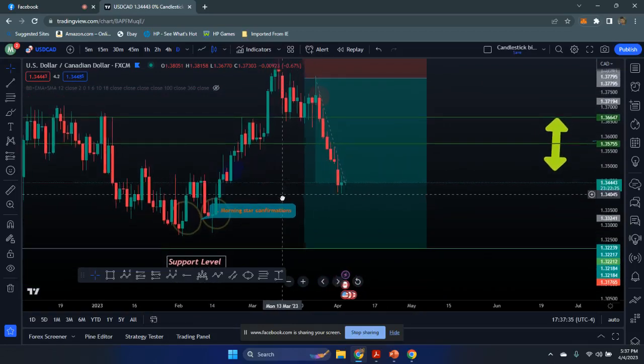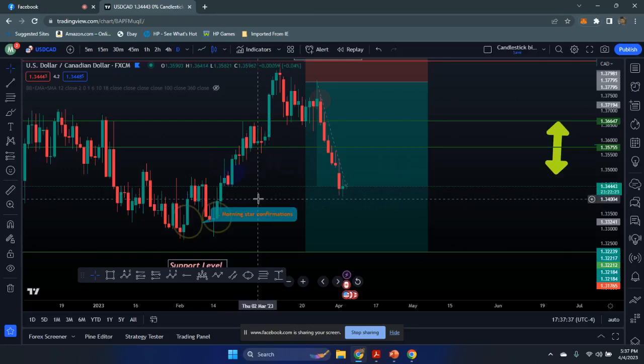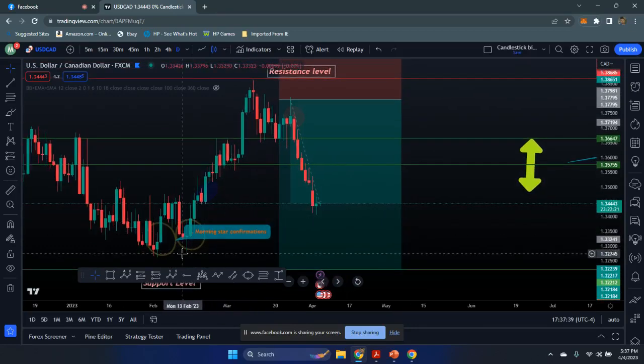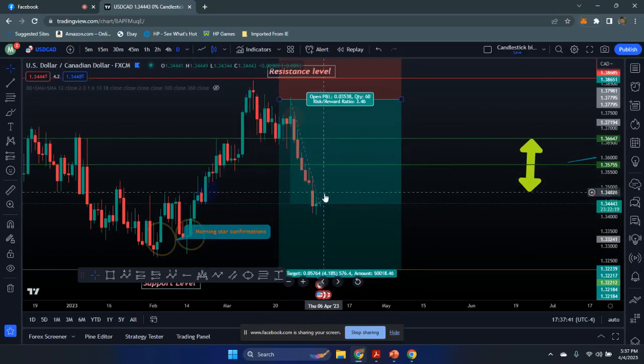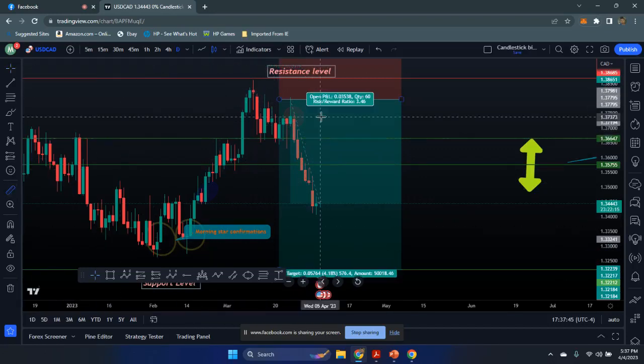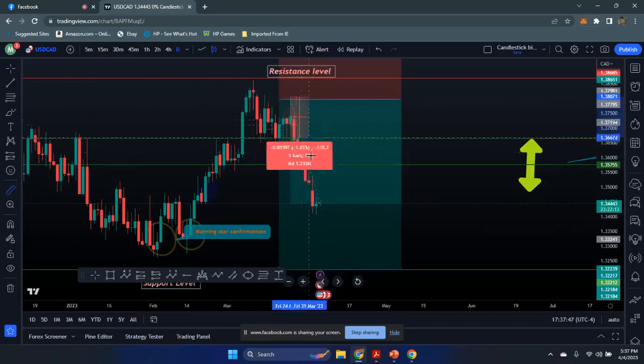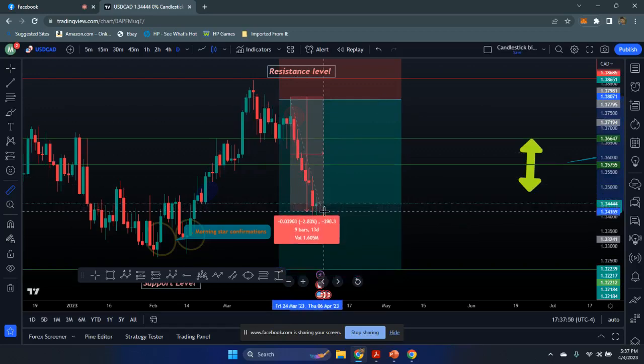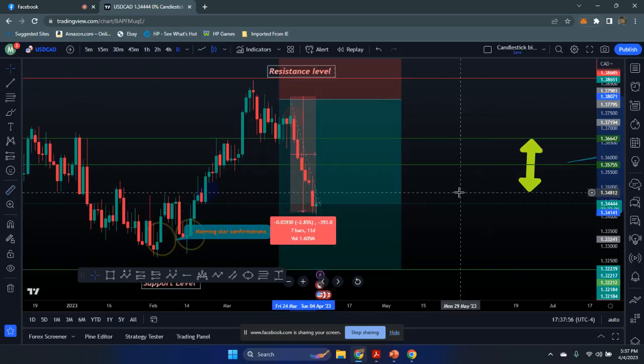Let's move this out the way. Are we done? Will it go to the support level? Maybe not. Well, that's 385 pips. How long did that take? 11 days.